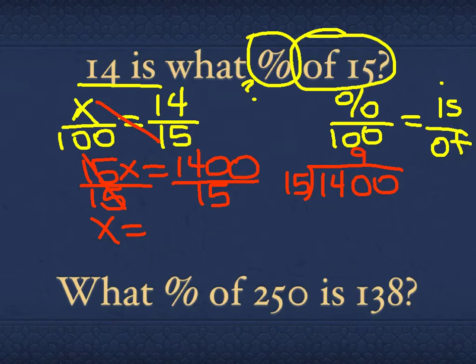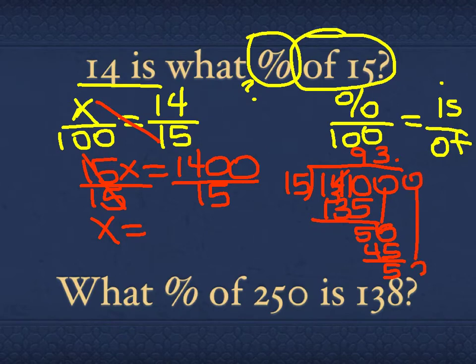So 9 times 15 is 135. Have to borrow, subtract, bring down the 0. 15 goes into 50 3 times. 45. Uh-oh, I've got another 5. This looks like it's going to keep repeating.